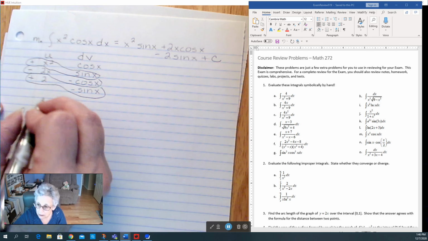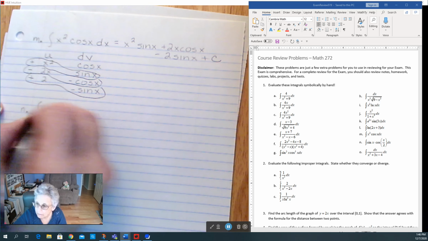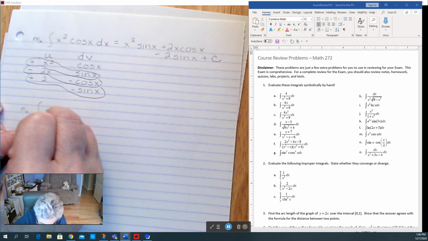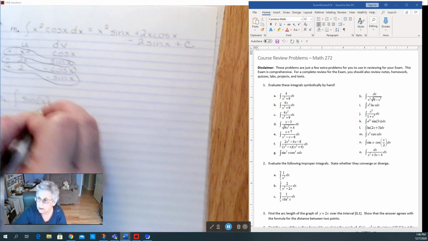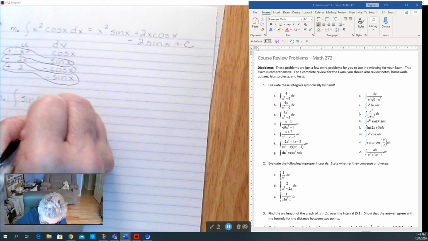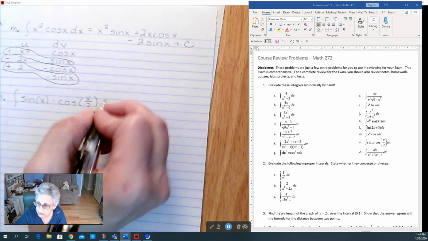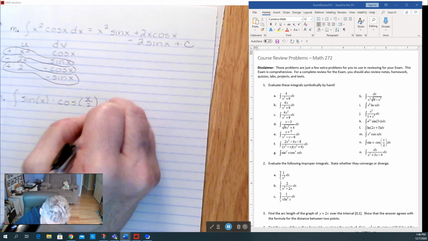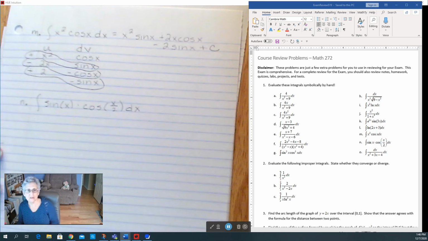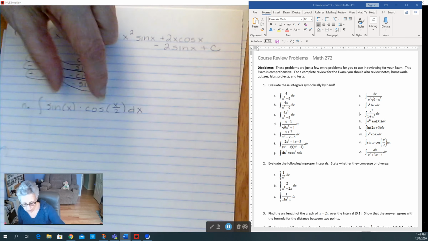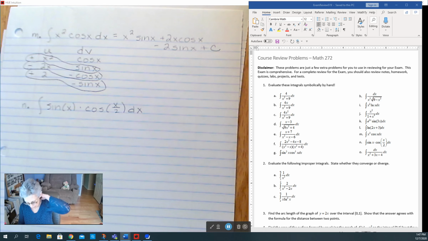N looks kind of tricky. We have the integral of sine of x times cosine of x over 2. So we have two different inputs on our trig functions here.